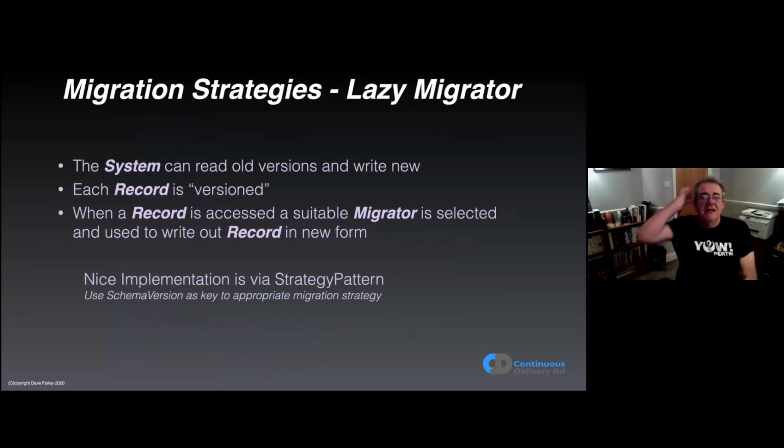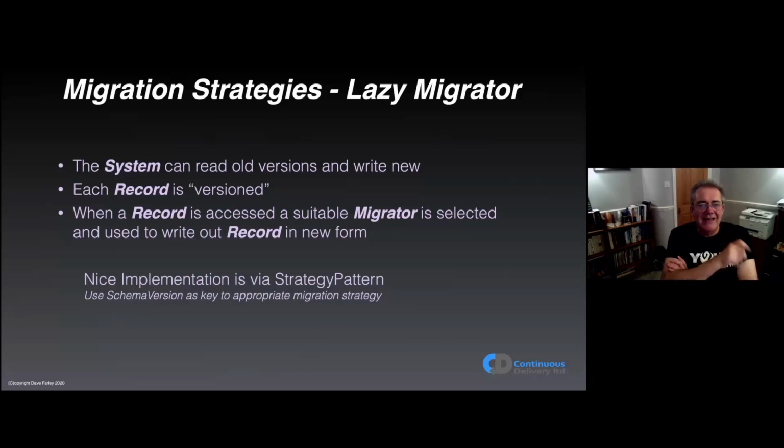The next of my strategies is the idea of the lazy migrator. The system can read old versions, and this time it writes out new. So when it comes across an old version of the data, it's going to read it as the old version and actively write it out, translating it to the new version.